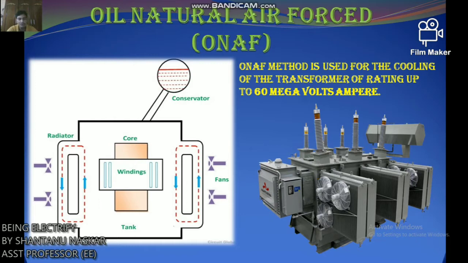So its cost is higher compared to the process where the circulation of oil and air is done naturally, because a fan and blowers are attached as extra cooling equipment in this method.